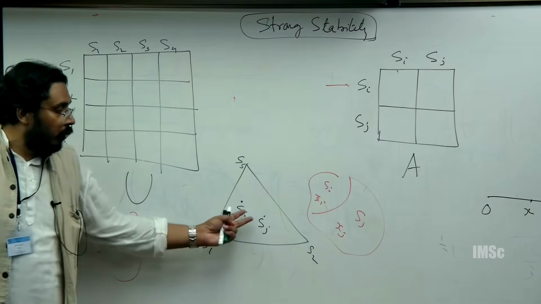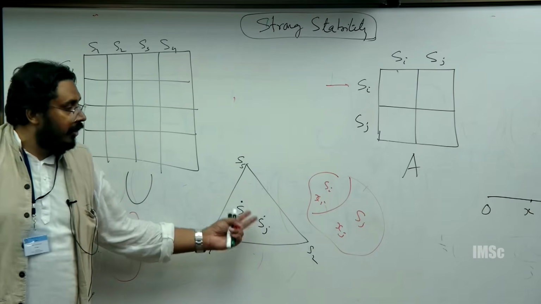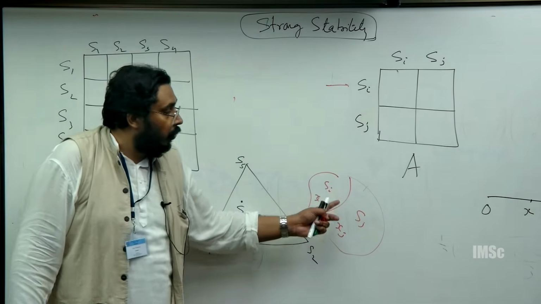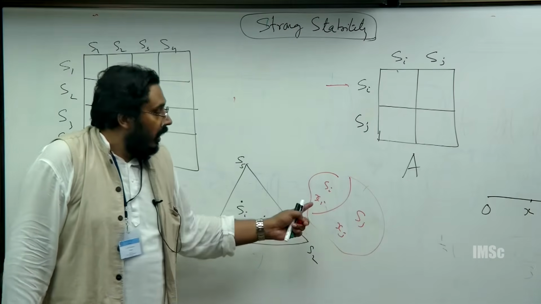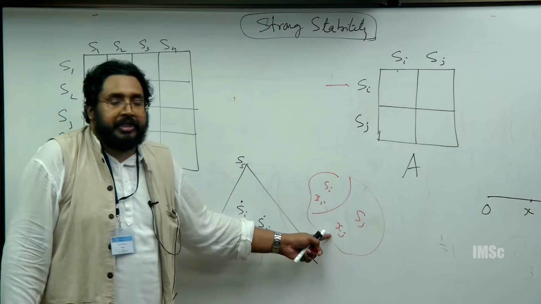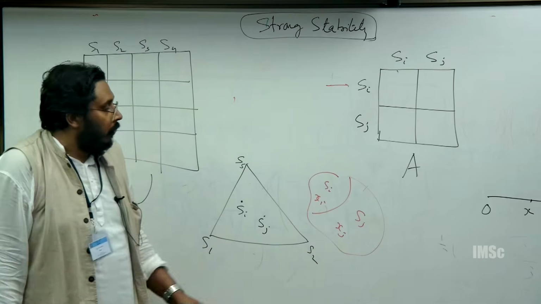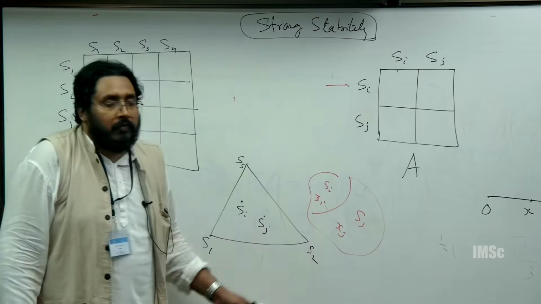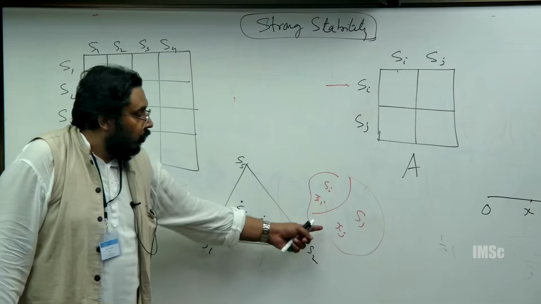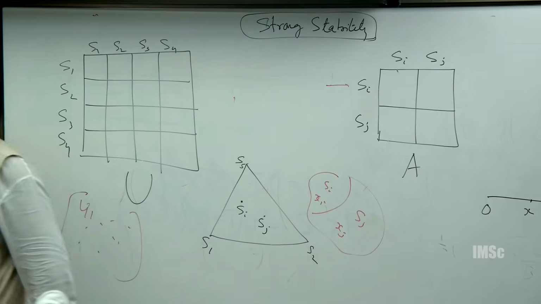I am picking 2. And I am asking the question: I have a population of those 2 traits which appear with fractions xi and xj, and I want to know how they evolve. But to do that, I have to calculate these.